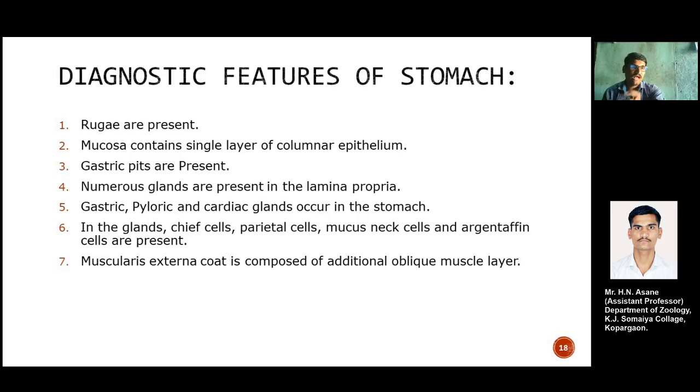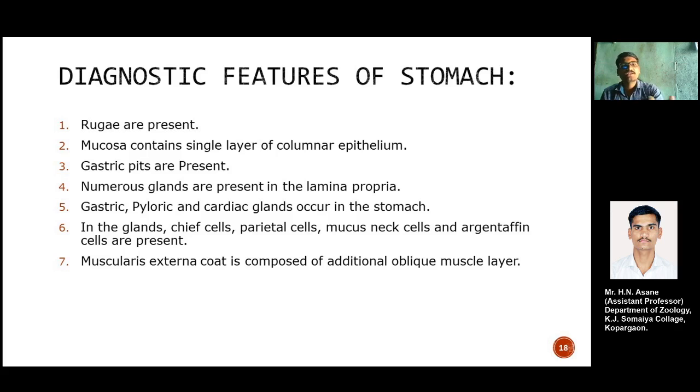The rugae are multiple folds on each other, which provide flexibility when a person eats something. The stomach becomes full, these rugae unfold, and the surface area of the stomach increases.